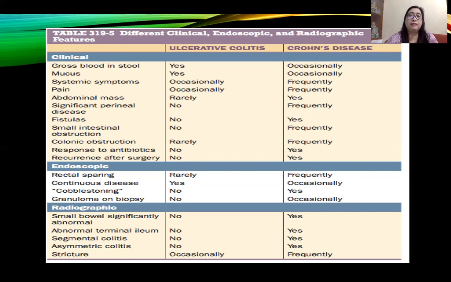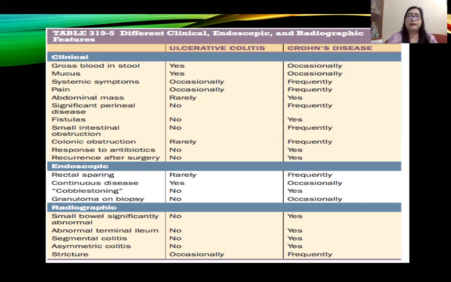Your systemic symptoms, such as your abdominal pains, are not as severe as in Crohn's disease. Okay? Your abdominal mass, rarely can you feel or be able to appreciate an abdominal mass, but in Crohn's, you may palpate an abdominal mass. Okay?